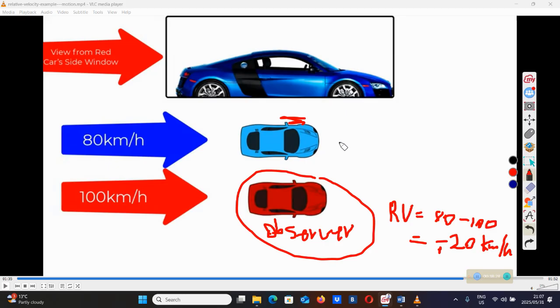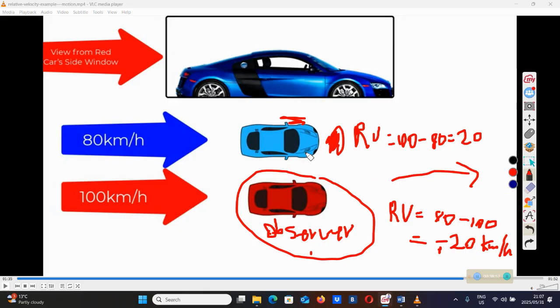And then if the observer is this one from this car, then the relative velocity will be, you'll start with this. You'll say 100 minus 80, then you'll get positive 20. Then positive means this direction.